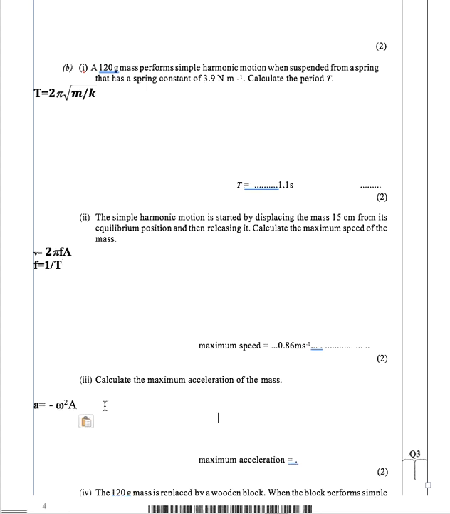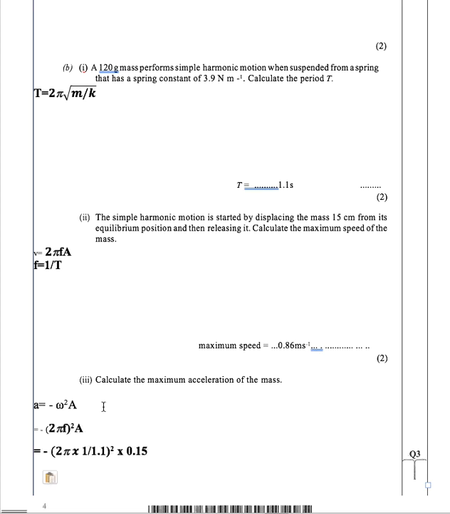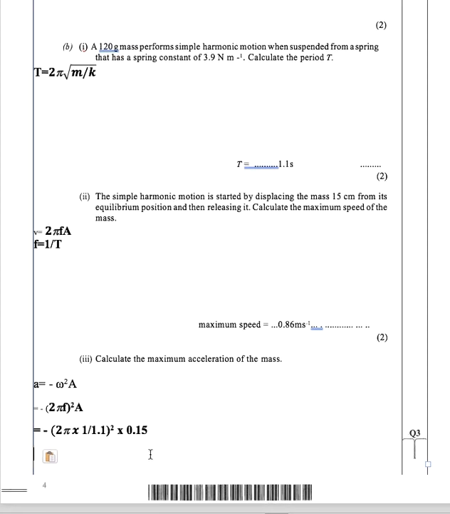So we know that omega is 2 pi f, and f is 1 over T. So that's minus 2 pi f all squared times a, which is minus 2 pi times 1 over 1.1, our period, all squared times 0.15. And that gives us an answer of 4.9 meters per second squared.